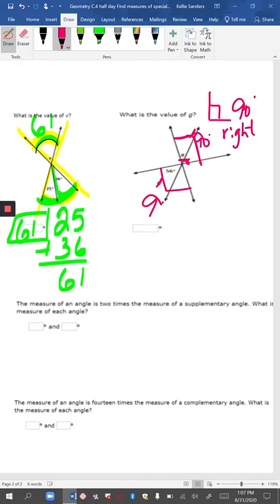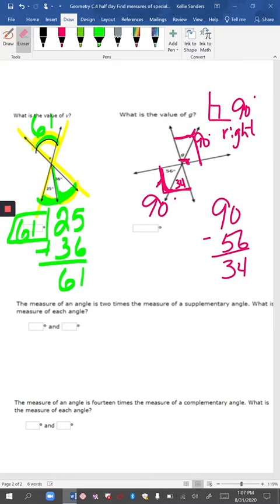So I know that this is 90 degrees also. If I know that this whole thing is 90 and part of it is 56, I would subtract them and get 34. That means this angle right here is 34. Now I'm going to try to erase everything except for that 34.